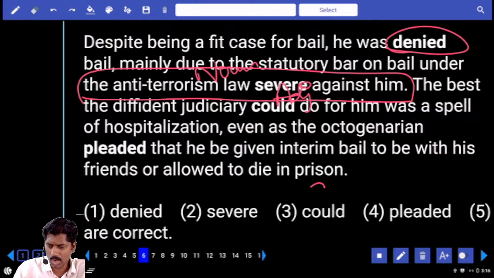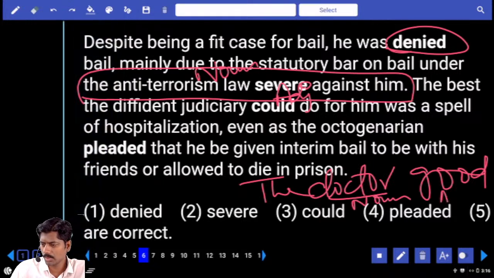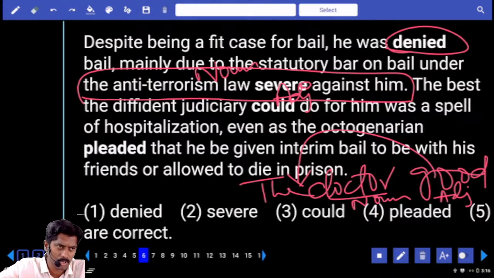For example, the doctor good. Is this correct? After a noun, we generally do not keep an adjective. Where do we keep the adjective? The adjective is kept before the noun.